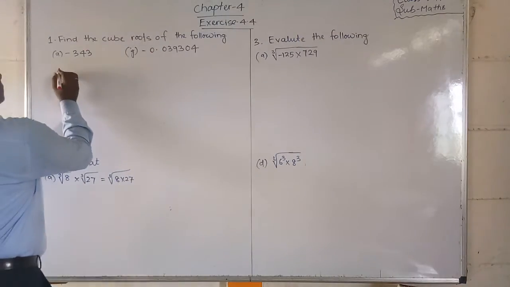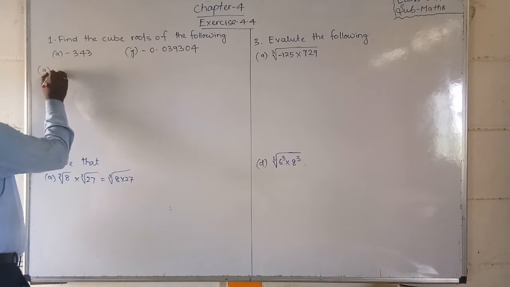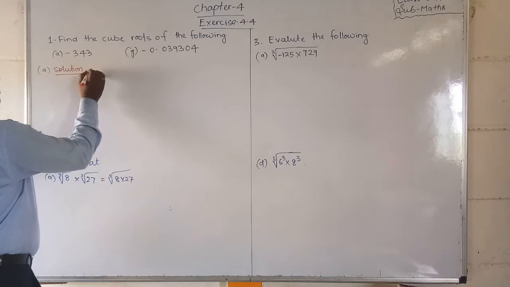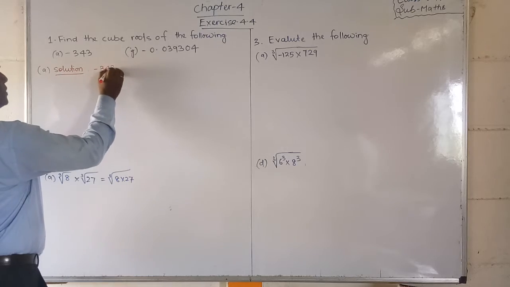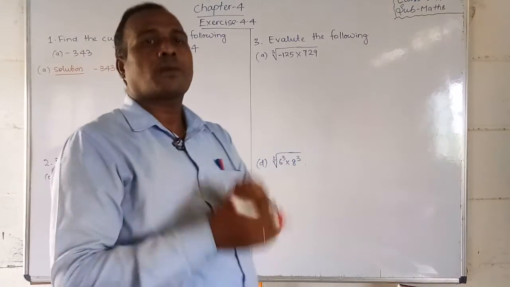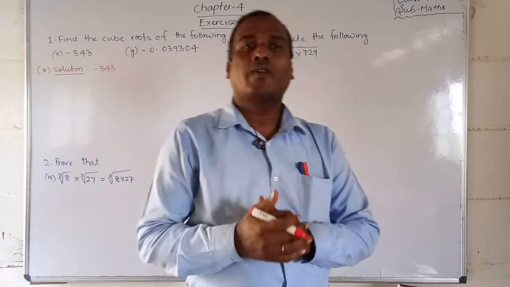Students, first solution. Minus 343. Students, when there is a minus number while finding the cube root, the answer will definitely be minus.